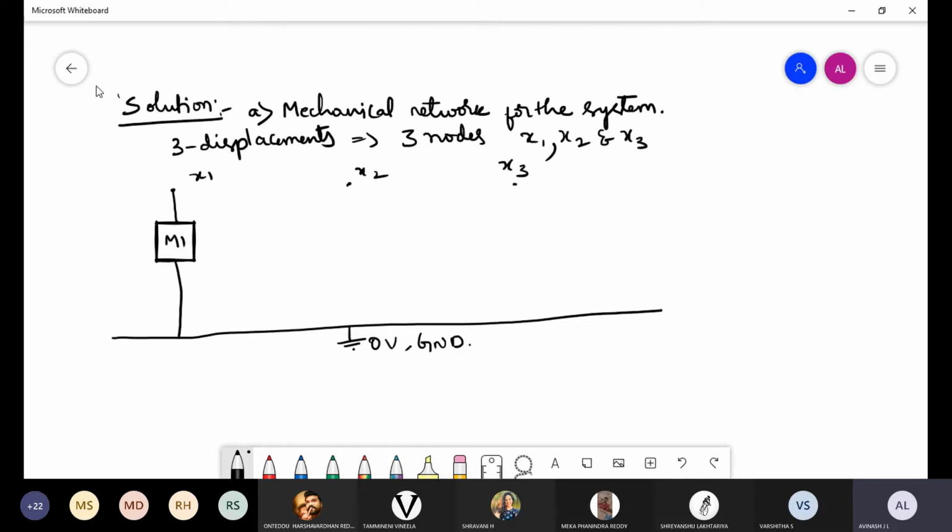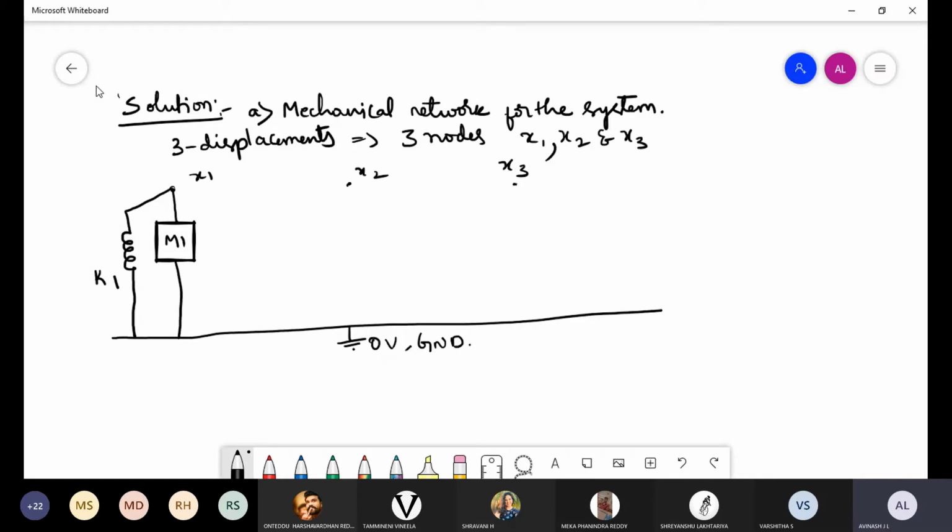Apart from m1, there is a k1 which is connected to ground and m1. So I am connecting it to the node here. Now, are any other things there?